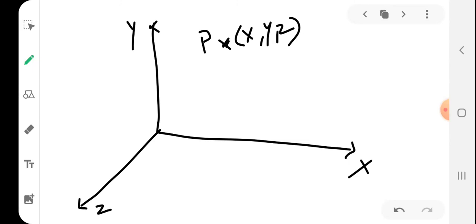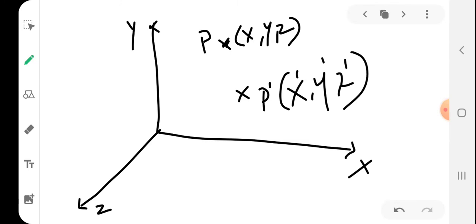So after application of some force, this point P gets deformed or displaced. Some kind of displacement takes place. So it gets displaced to another position called P dash, where the coordinates are x dash, y dash and z dash. This displacement is nothing but the displacement vector, which I am naming as u vector.